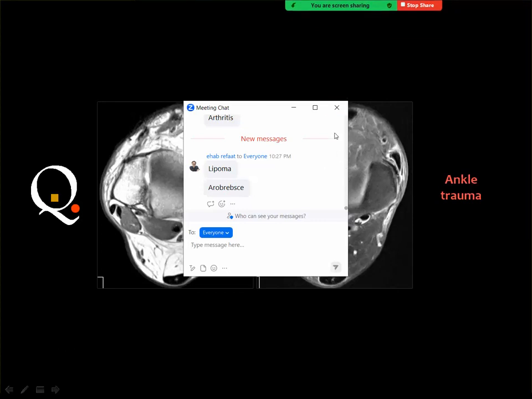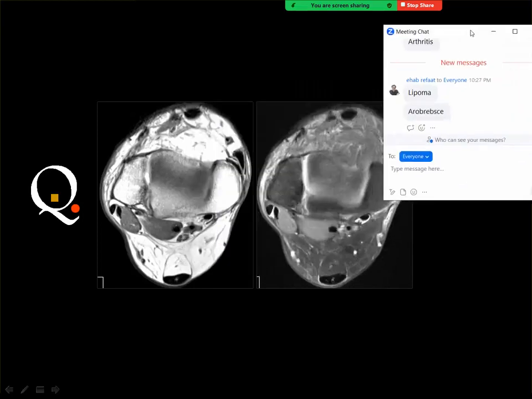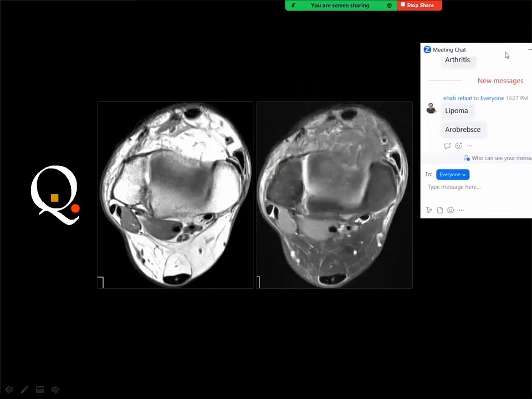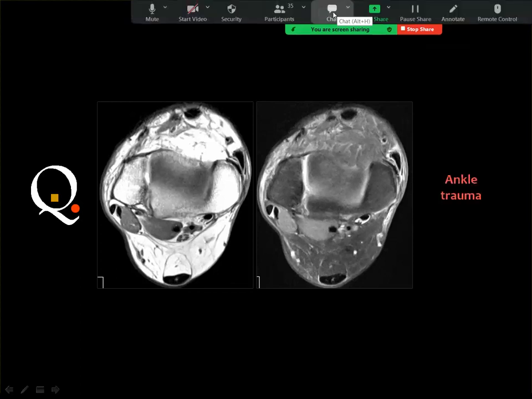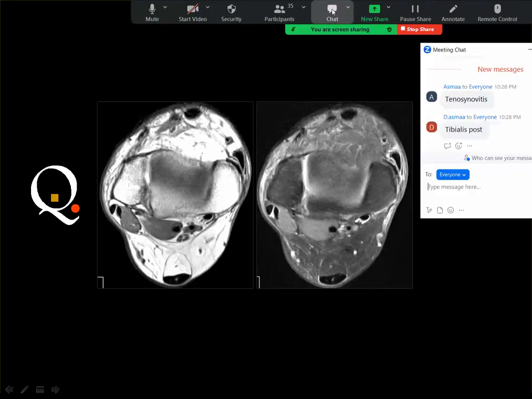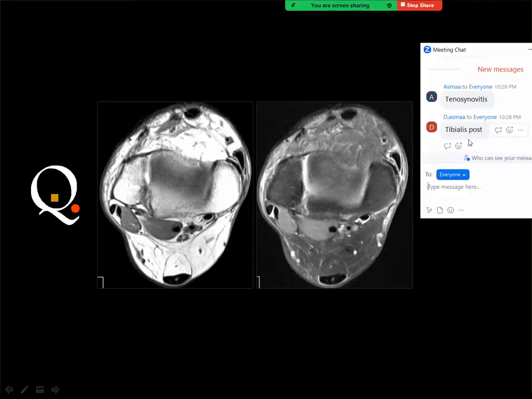Arborescence in the ankle? No. Any other suggestions? Yes. What about the tibialis posterior?